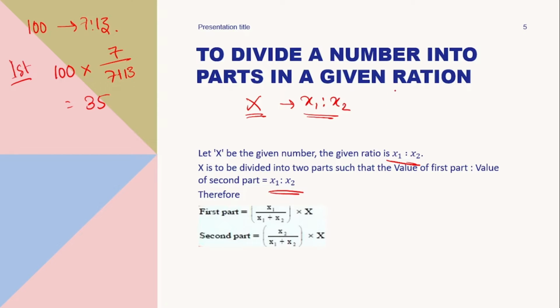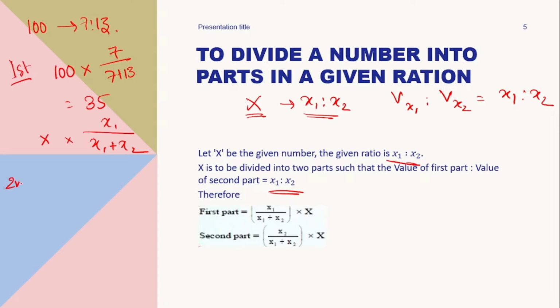So the value of the first part, v(x1), is to the value of the second part, v(x2), equals x1 is to x2. Okay, so we can write it as X into x1 by x1 plus x2.